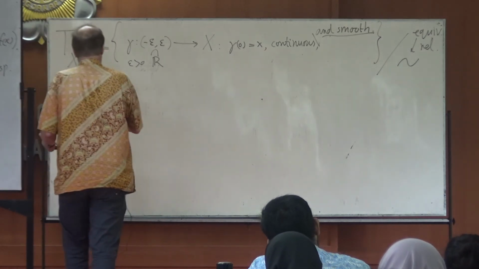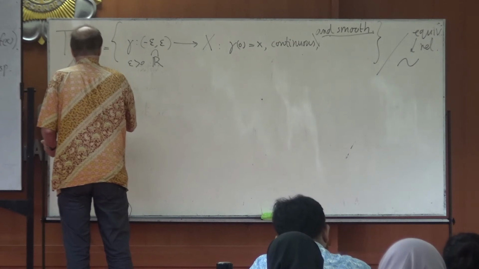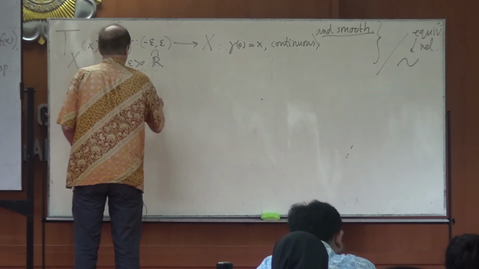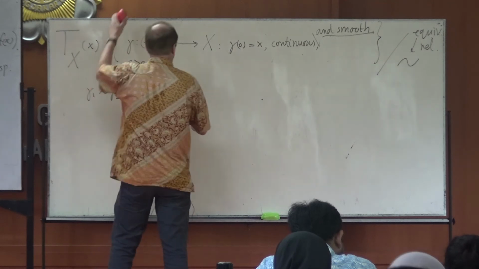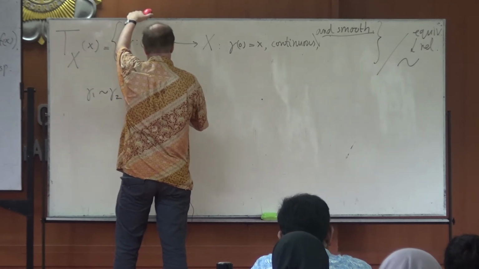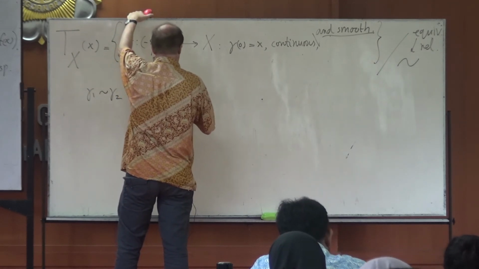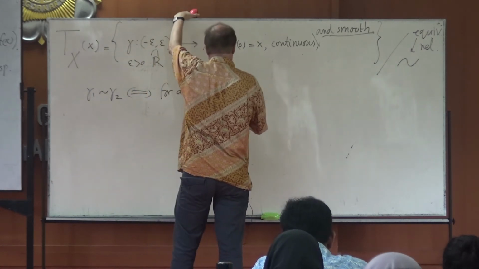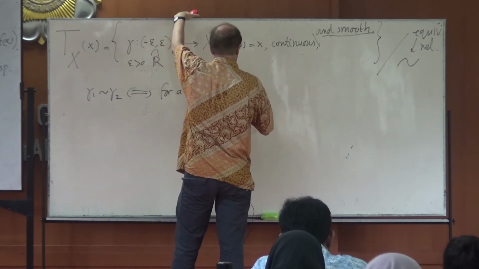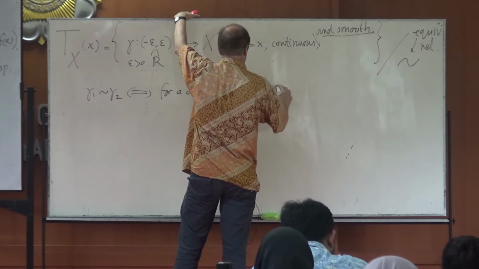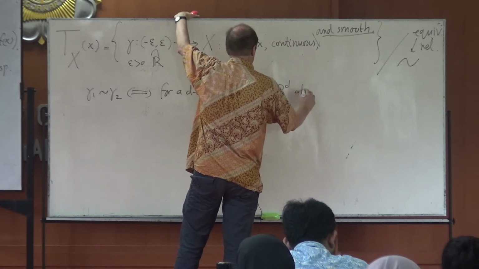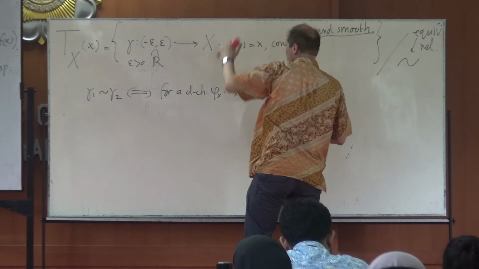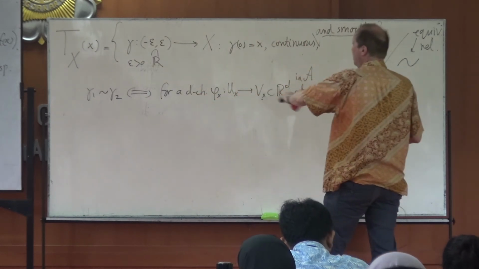So here gamma 1 is equivalent to gamma 2 if and only if for a d-chart phi x, Ux to Vx in Rd, at x in A, I want that the two maps have the same derivative, right?